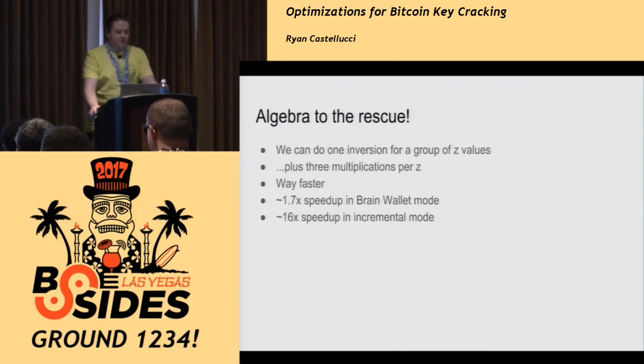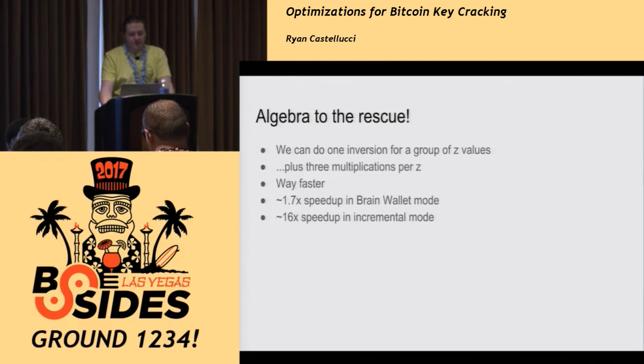So instead, we take a bunch of z values, we batch them together, and we do one inversion for the entire group plus 3 multiplications per z. This is a lot faster. In brain wallet mode, it's a 1.7x speed up. If you're doing incremental mode, it's actually a 16x speed up. So very much worth doing.